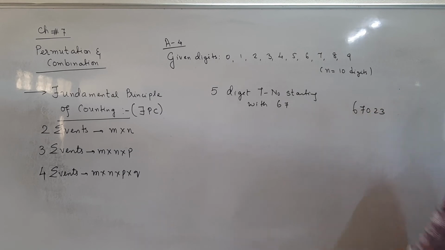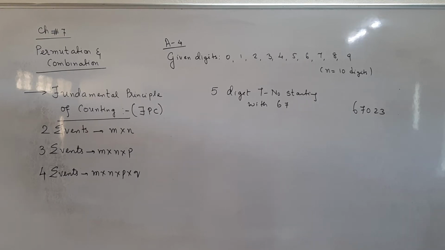67023. And the number is always starting with 67. A 5 digit telephone number starting with 67. A number always starts with 67 as per the given condition of the sum.